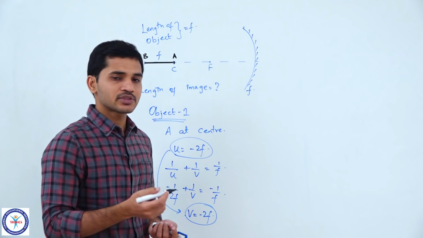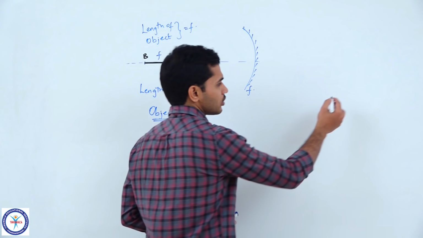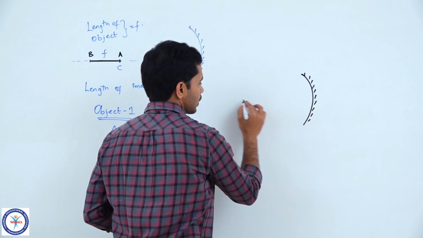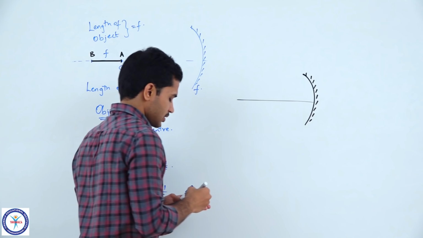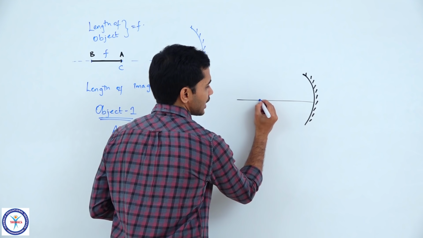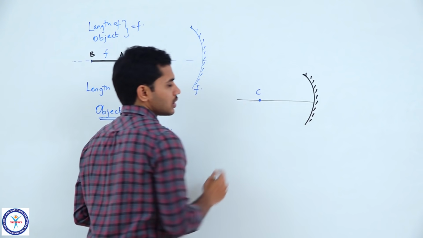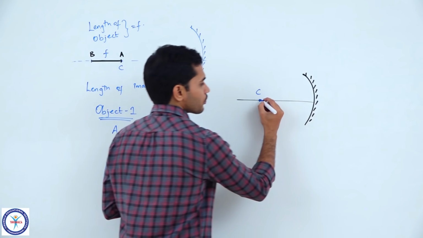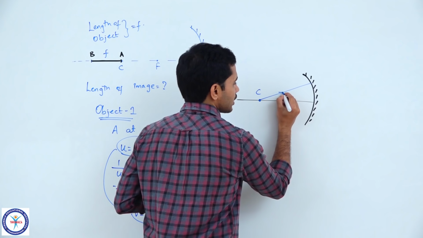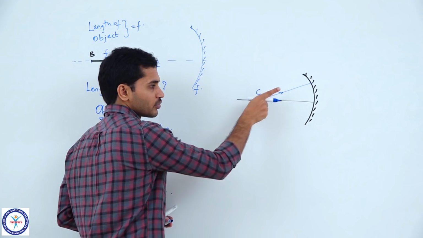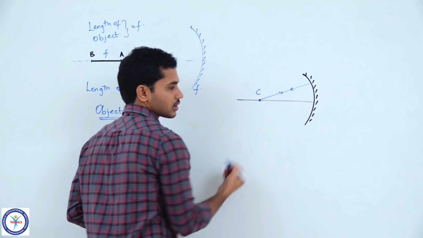You can understand this by a very simple idea also. If we have a mirror like this, with this as the principal axis, let us say this particular point here is the center of curvature. The reason the image is formed at the same location is that if I consider an incident ray like this, because it is coming from the center, it reflects back.